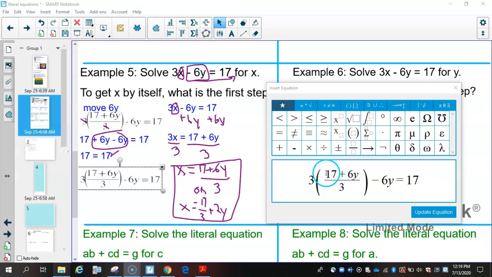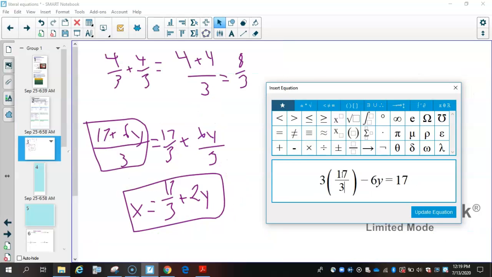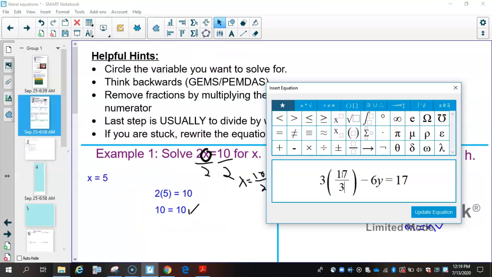Still on the outside, but then we have different things here. 17 over 3 plus 6y over 3.